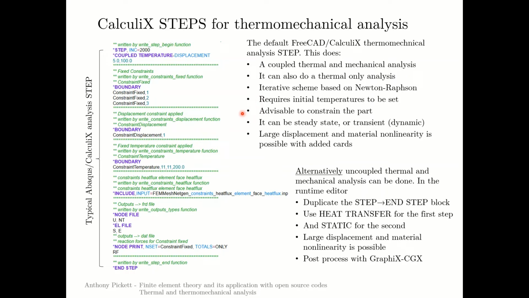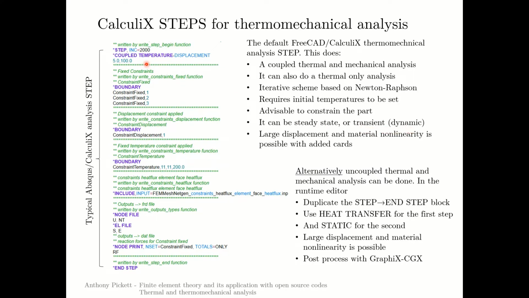Because it's coupled temperature and displacement, it is usually advisable, and I do usually constrain it in some way. So you need some mechanical boundary conditions. It can do steady state or a transient dynamic analysis.